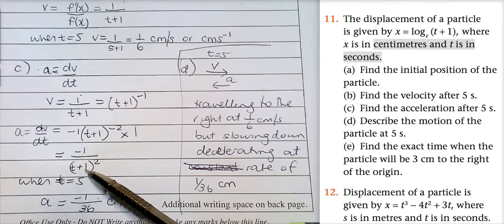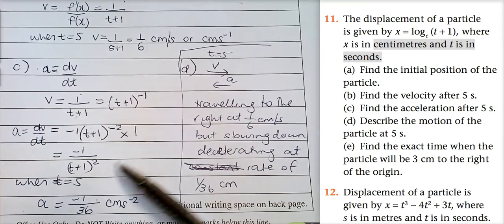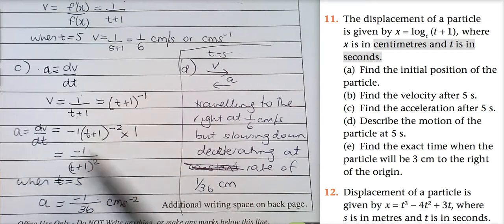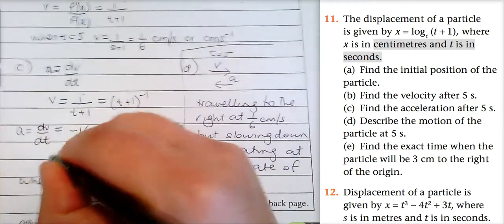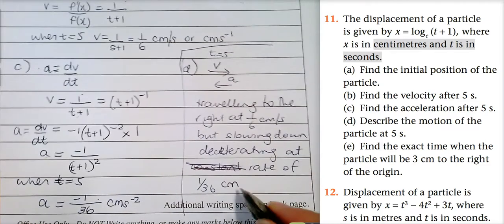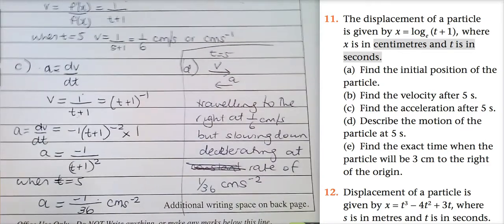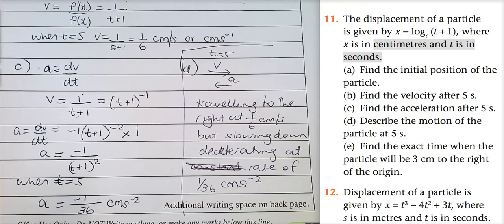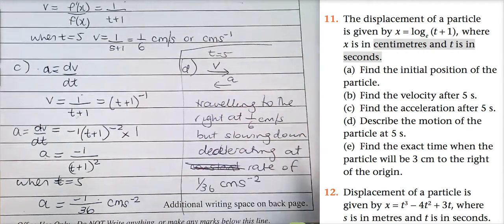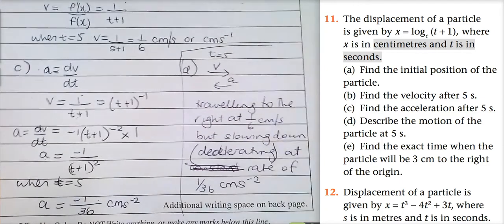If there was no t here, if you just ended up with a value of, say, -2, that would be constant without the substitution. But I did have to substitute at t is 5. So it's not. Decelerating at a rate of that. Slowing down, or in other words, just put slowing down.